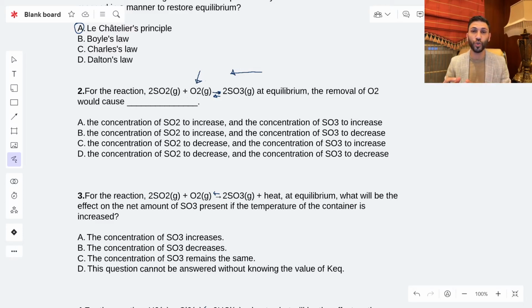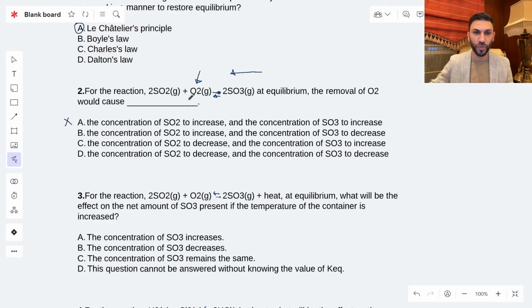So the reaction wants to compensate for what you are doing externally. So the concentration of SO2 increases and the concentration of SO3 increases? Of course not, because the concentration of SO3 will not increase, it will decrease because you are now consuming SO3 to compensate for the O2. So this one, obviously, A is wrong.